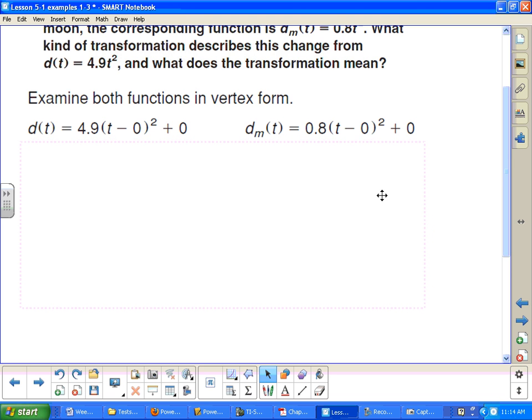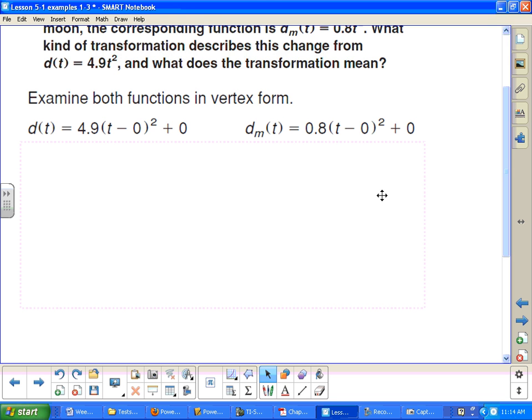Because the value of H and K is 0. They haven't been moved left or right or up or down. Now the reason we're writing it out like this, because we're actually going to look at other ones in your homework. You're going to have some where H might be different or K might be different. Okay? So we want to look at it in vertex form to start with, so I can see which thing is changing.